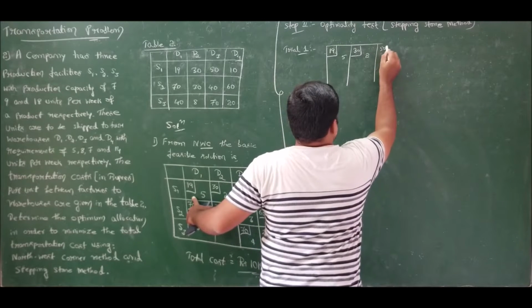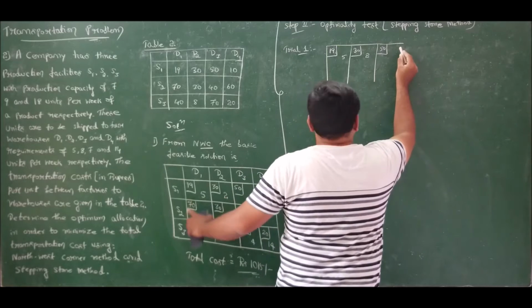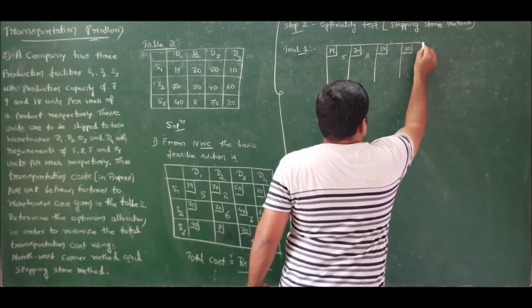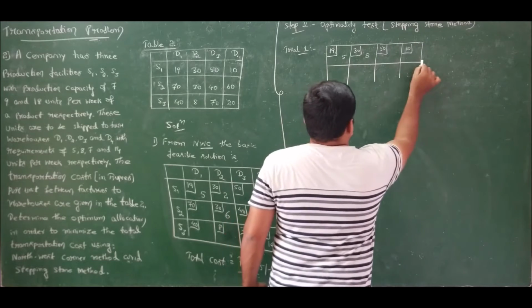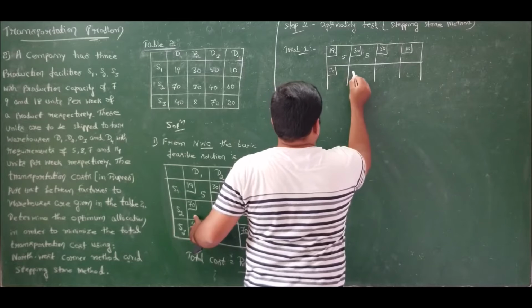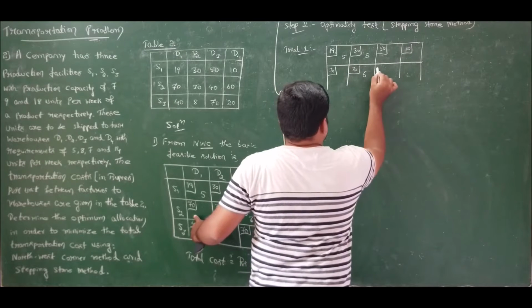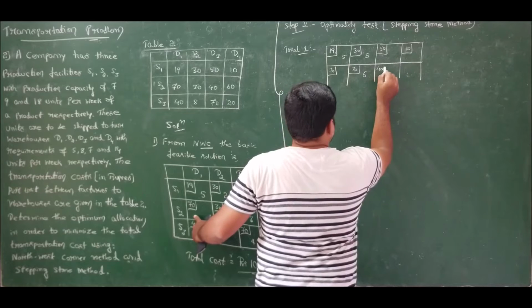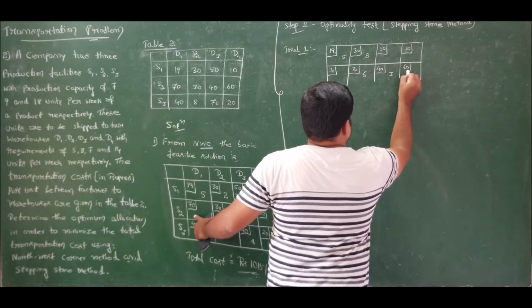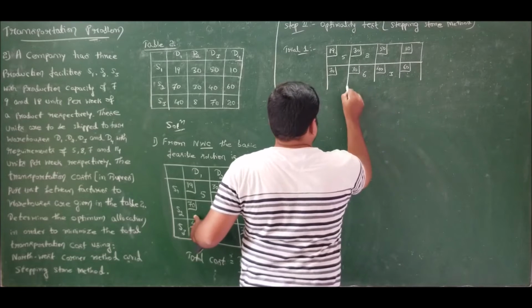Next we have 50, which is unallocated, and then we have 10, which is unallocated. Next, coming downward, we have 70, which is unallocated. Next we have 30, which is allocated with 6 units, and then we have 40 allocated with 3 units. Then we have 60 cost with no allocation.